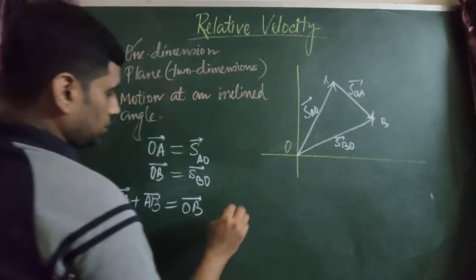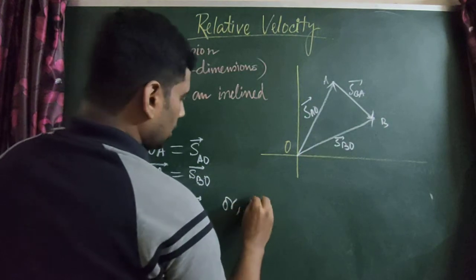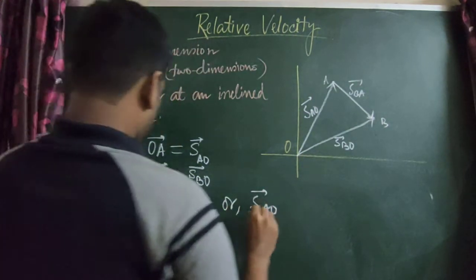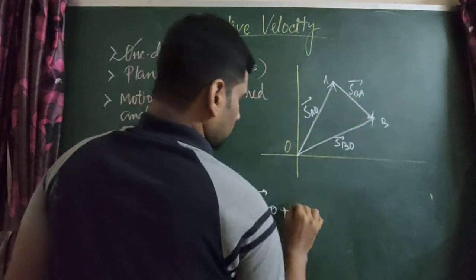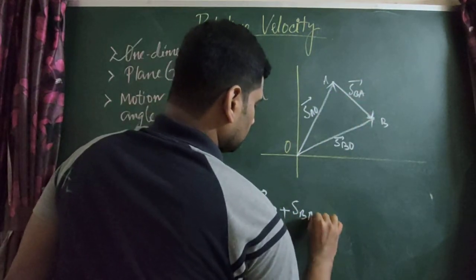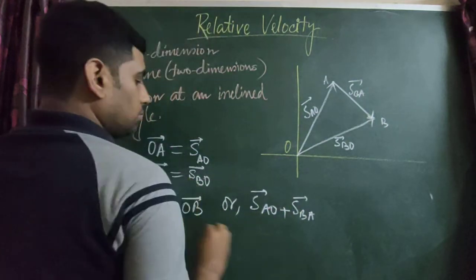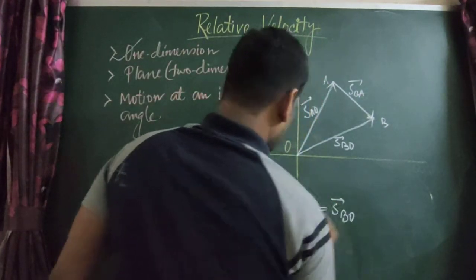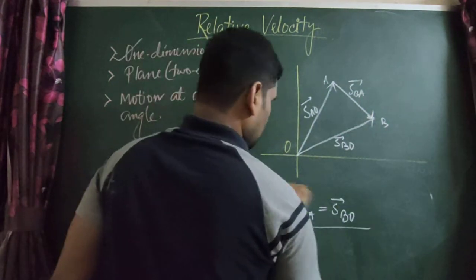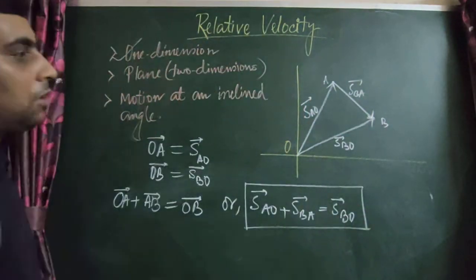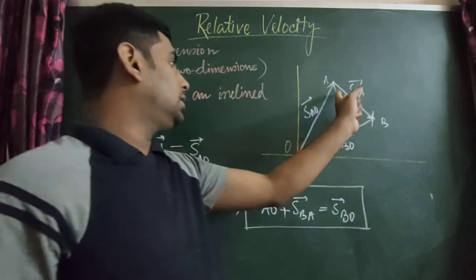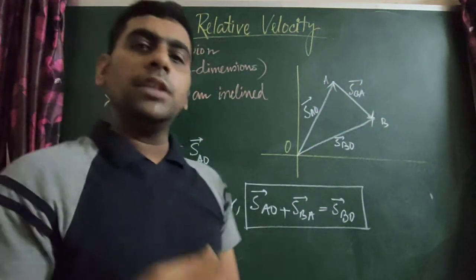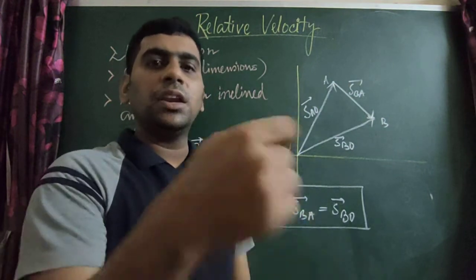That means from this equation we can write SAO plus SBA is equal to SBO. Remember this equation. Now as these points A and B are in motion, with respect to time their position vectors change.